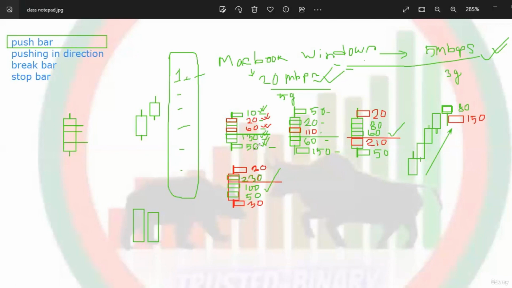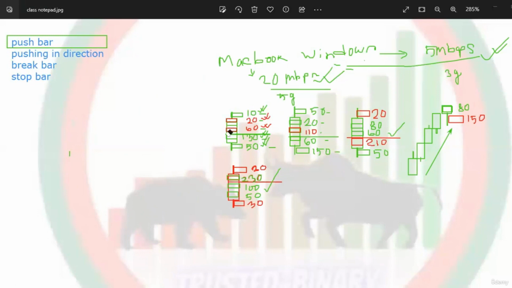Suppose now I'm showing you one example. Suppose this is a basement of the market. The market is now going up like this. It's going up, and this type of candlestick.